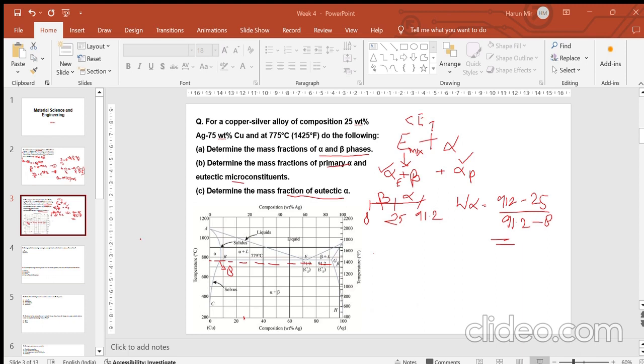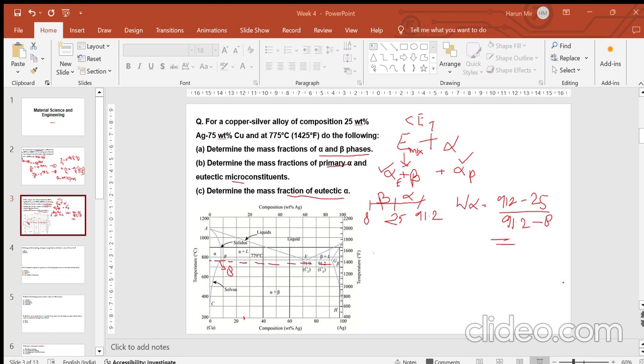So for that we will have again a lever, and now our central point is 25, right? Our end point for this eutectic line, which is the ABE line, is 71.9, and we have our initial point here, which is B, that is 8.